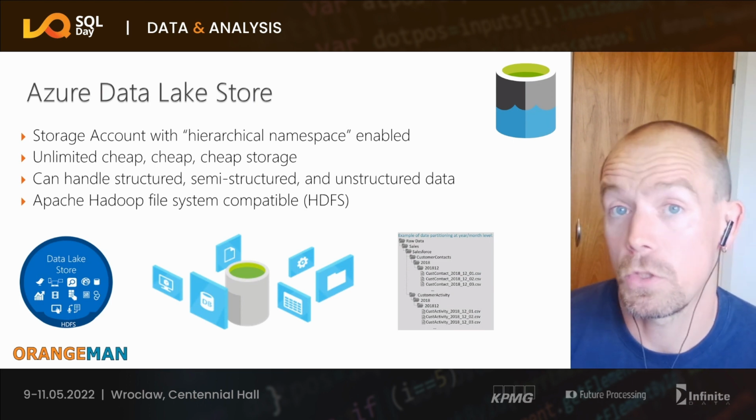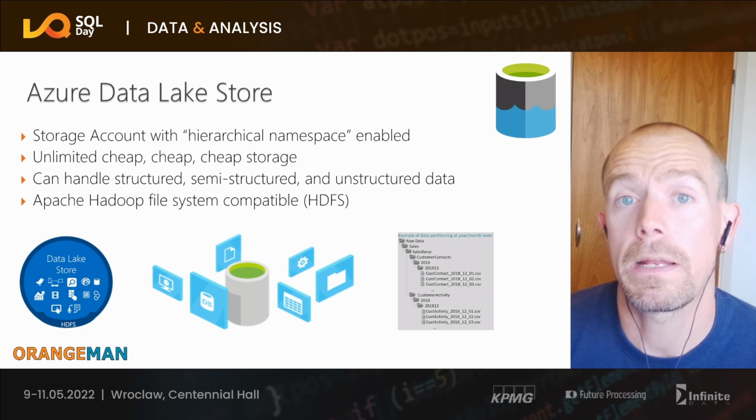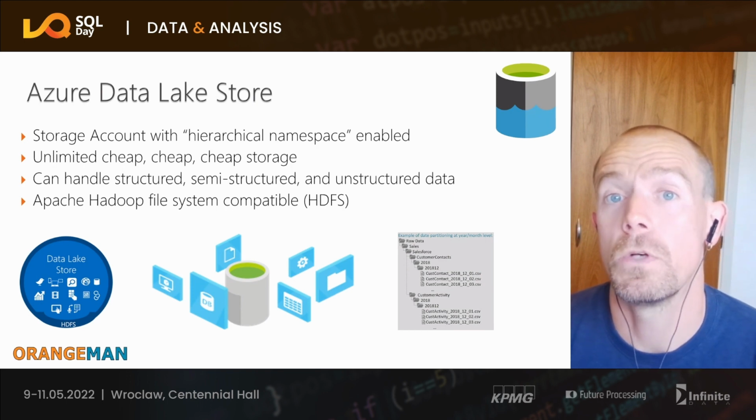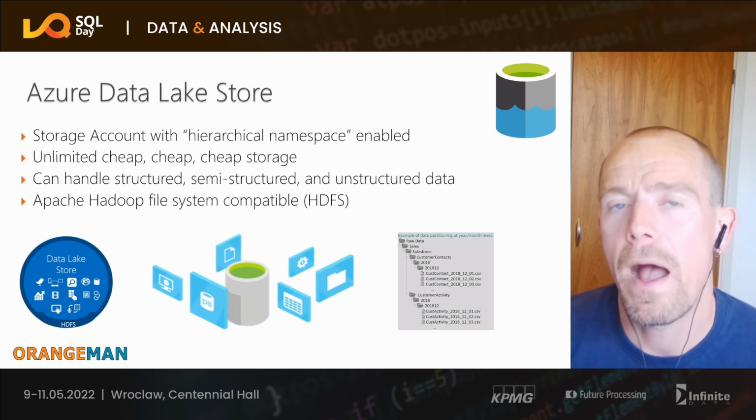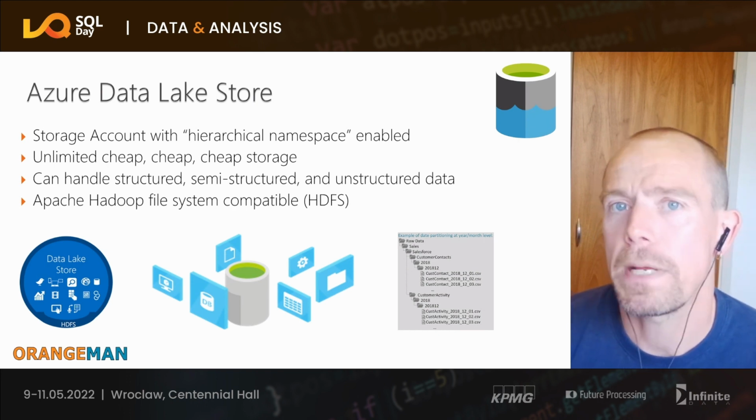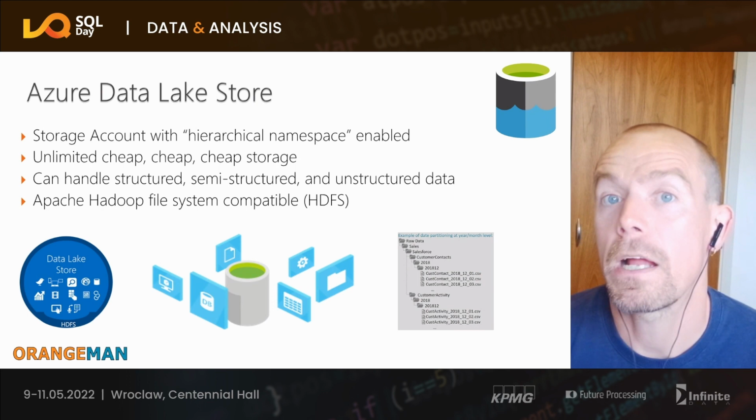Here we can just store the data, but what we can do in a data lake is it is very good to store also semi-structured and unstructured data, where the SQL Server is absolutely best if there is some kind of structure on the data.